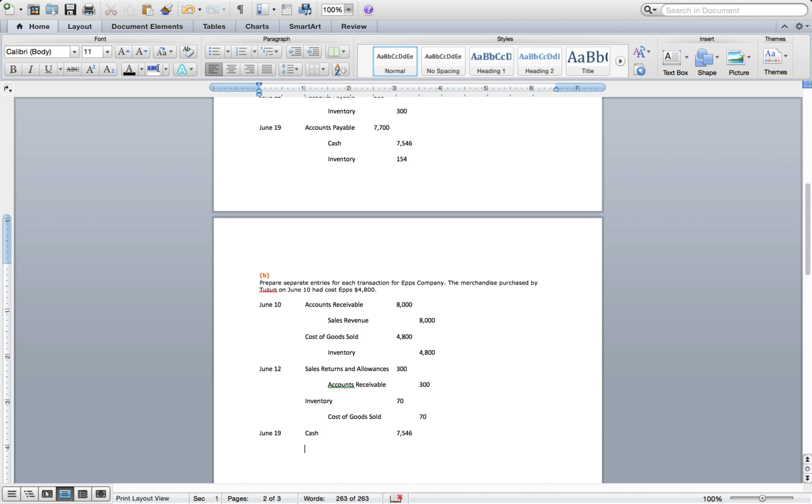And that difference now is $154 that goes to sales discount for $154. Because you want to keep track how much discounts do you give out to all your customers. And then you would credit the $7,700 to accounts receivable, because now that account is all paid off.